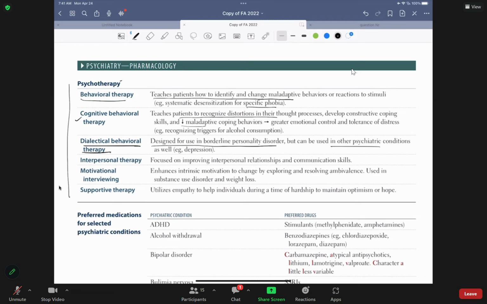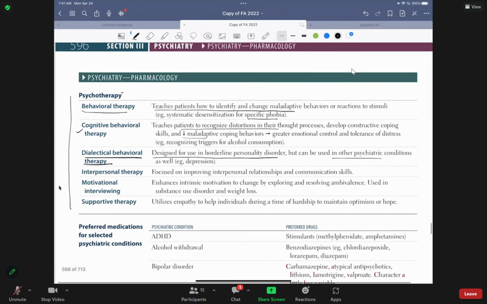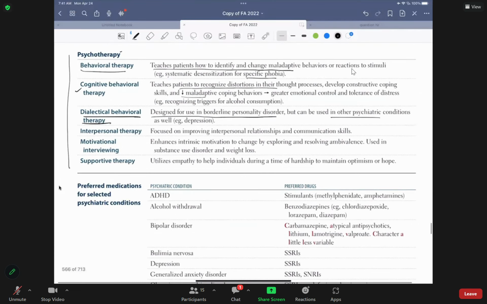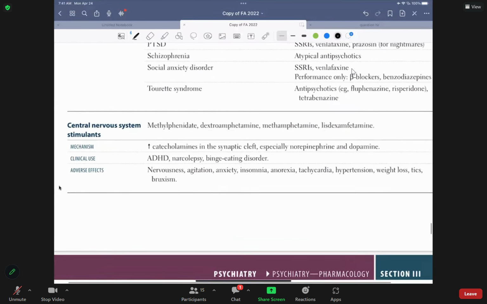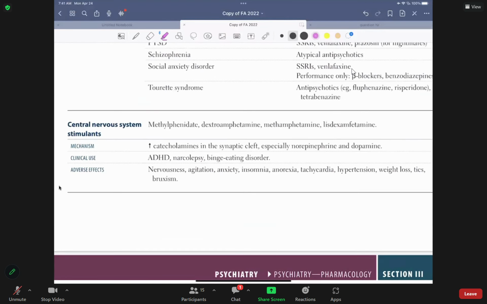So you cannot memorize which therapy is good for which disease, because these therapies can be used in multiple psychiatric disorders. Most of the time, if you see one therapist, they will go through all of them. That's therapy, so I wouldn't really worry about therapies, folks. Let's start with the first medication, central nervous system stimulants.